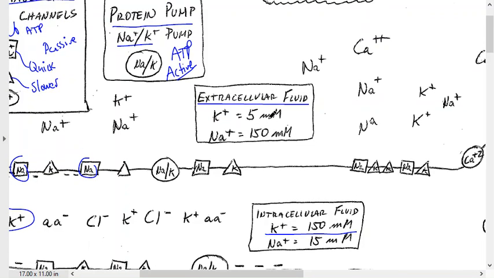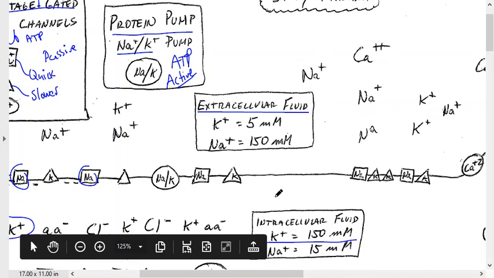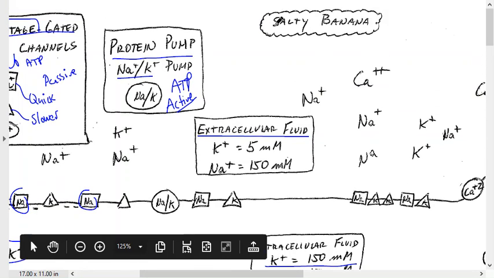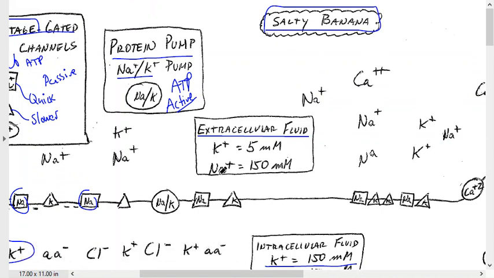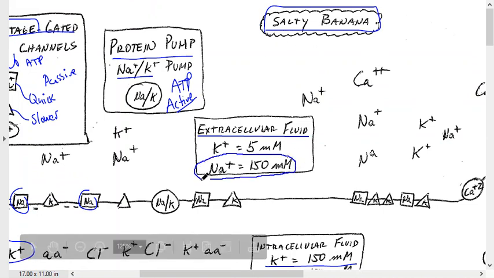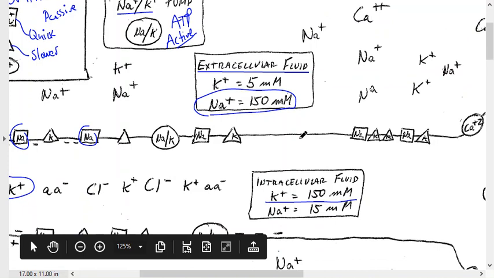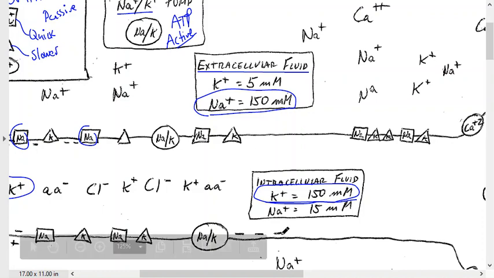So when you think about the charges of a nerve cell, you can think of it as a salty banana, right? Salty because there's a lot of sodium on it, and a banana because, well, bananas are known for their potassium content. So it's a cute little trick to remember that the inside of the nerve cell, just like a banana, has a lot of potassium, and the outside is salty, with a lot of sodium, right?